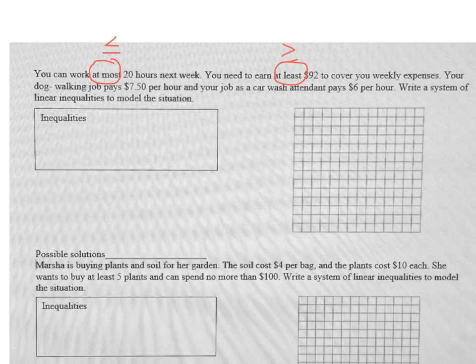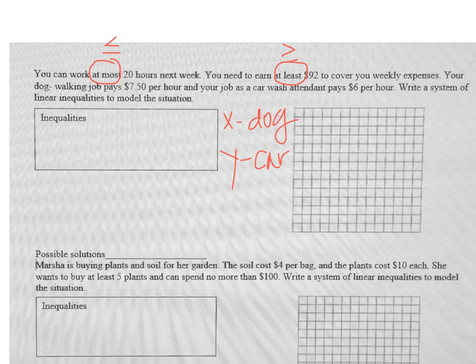So we have your dog walking job that pays $7.50 per hour, okay? And we have you working as a car wash attendant paying $6 per hour. And we're going to write the system and then go ahead and solve it by graphing. Okay, so if we call X your dog walking job, and if we call Y your car wash job, this represents how many hours you're going to work in each of these fields, okay?